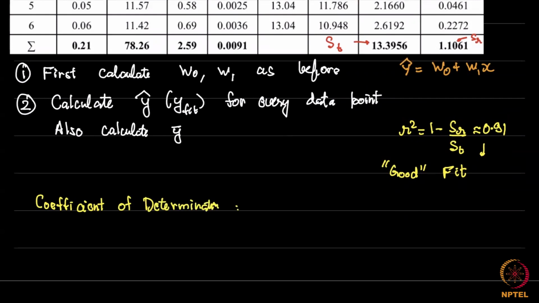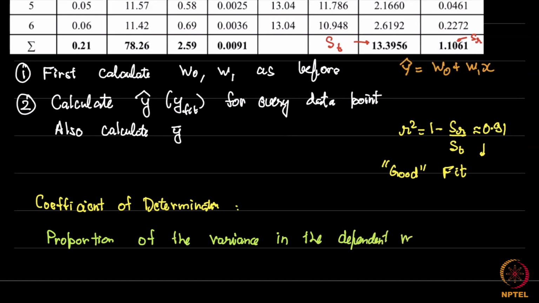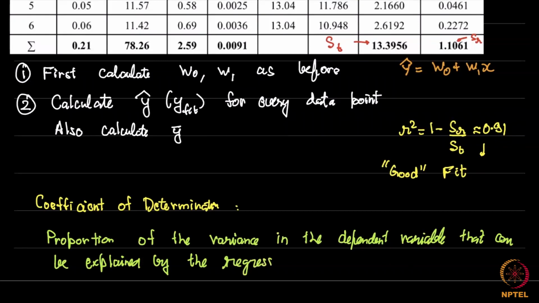So this is the proportion of the variance in the dependent variable that can be explained by the regression model. Okay.